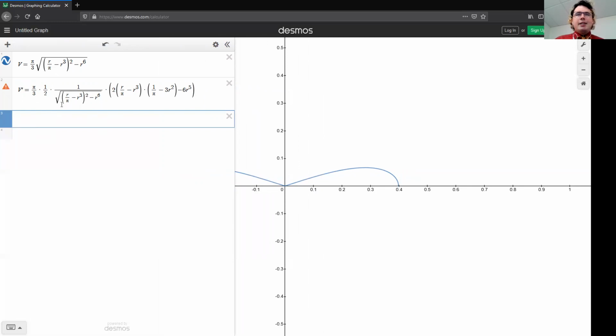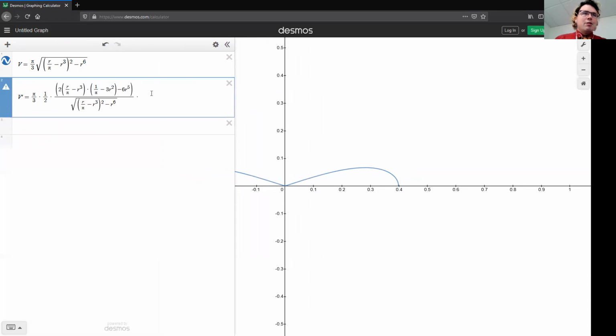Now, I can clean this up a bit. I can move this term up into the numerator of the fraction. That's the same formula. And if I'm looking for critical values, I want to find the values of r for which this derivative is either 0 or undefined.